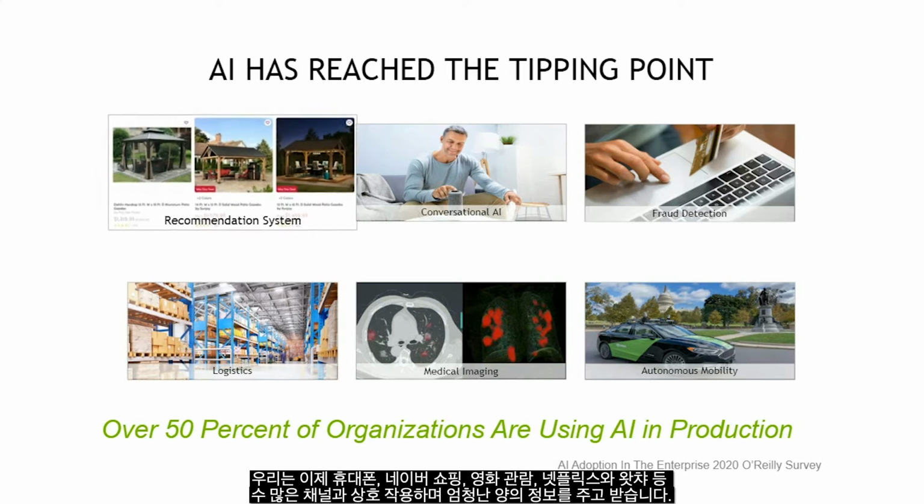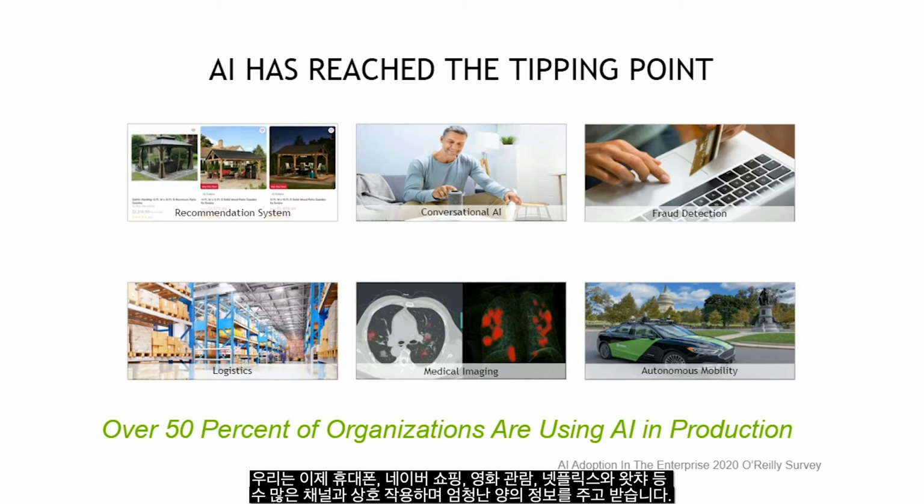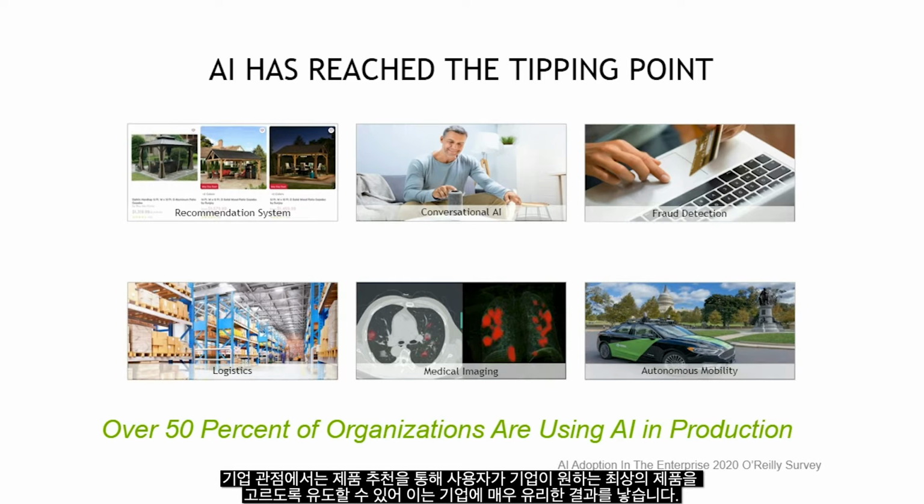We interact with so many different things today via mobile phones, shopping on Amazon, looking at movies via Netflix or Hulu. Everything has a way to recommend things to us. The idea is that as a user, I want to know what's the best product I can pick, and I want to know what goes along with that best product. And from an enterprise standpoint, that's really value add, because then they can help the user pick the best product from their perspective.